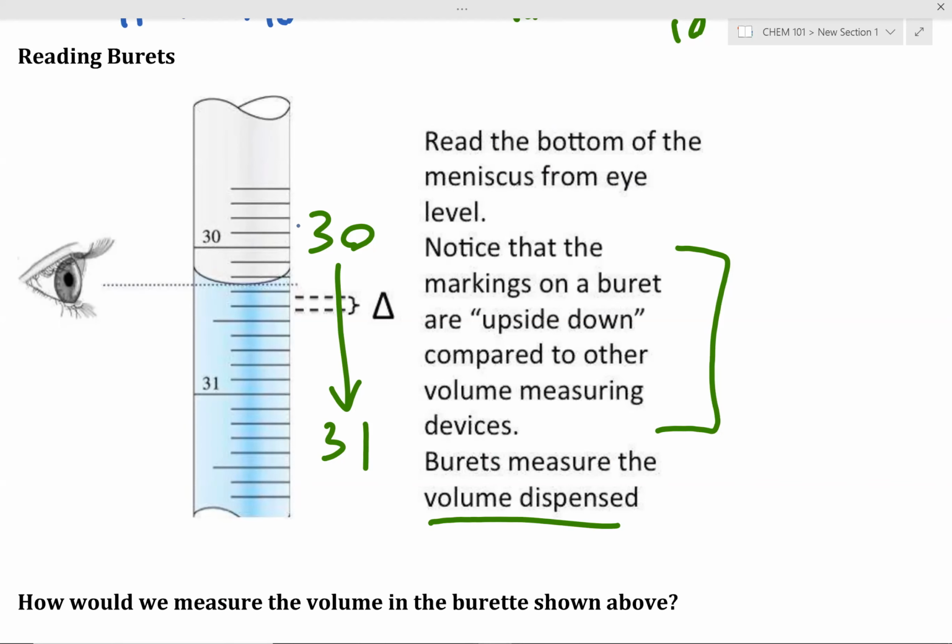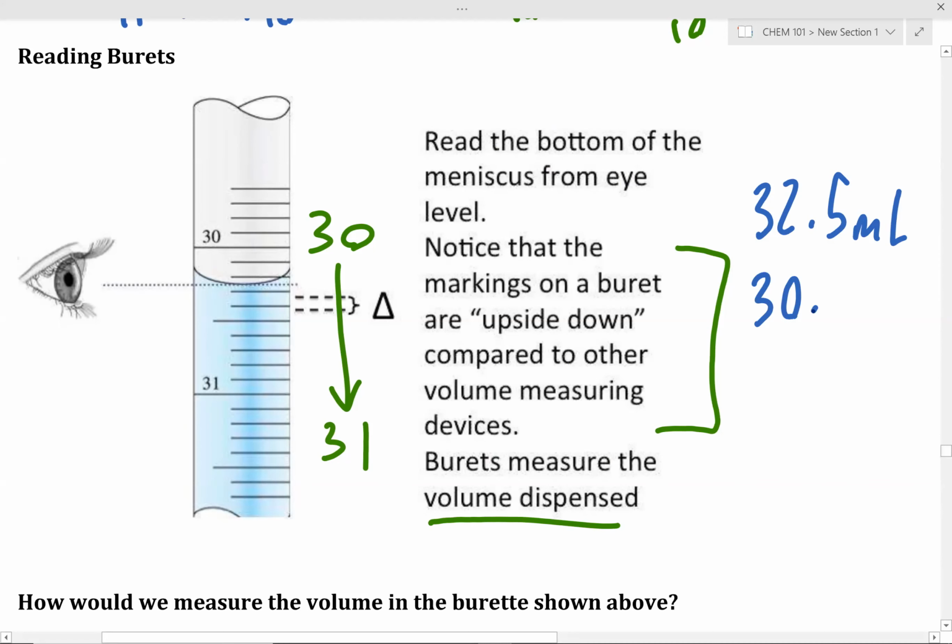So would someone like to volunteer a measurement from this burette? Yes. 32.5 milliliters. Okay. Would someone else like to volunteer another measurement? Yes. 30.25 mil.